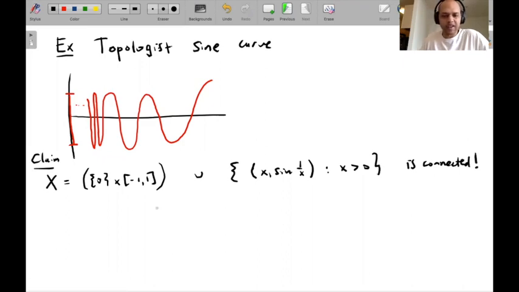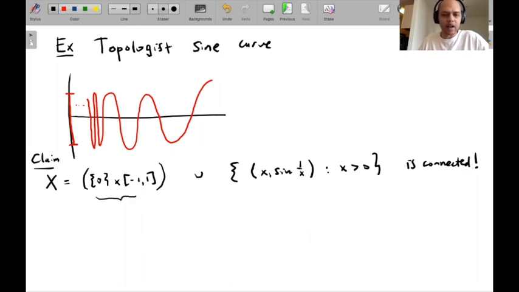So despite the fact that the way I've written it now, it has two pieces, these two pieces aren't both open. I guess this piece is open in X, since if you intersect with the open half plane here, then you get this set, which is then open in the subspace topology.